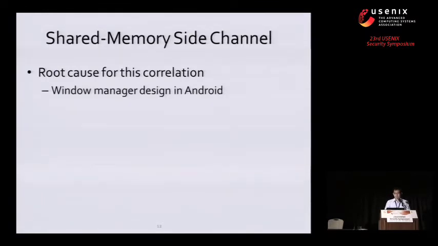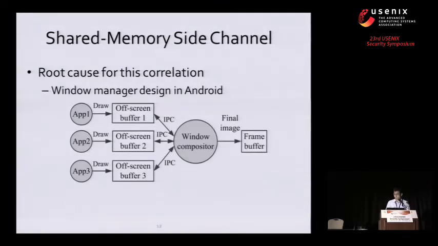The root cause for this correlation lies in the Android window manager design. In Android, the app will first draw its activity window content to an off-screen buffer, then use a certain type of IPC to communicate this buffer to the window compositor, which is a system process. The window compositor will composite all the off-screen buffers from all the applications into one image, then draw it to the screen.